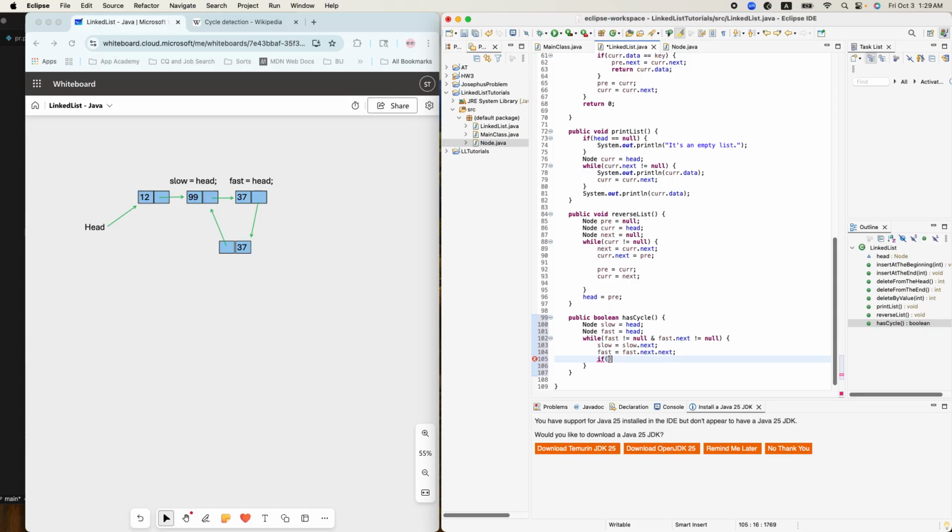So we say if slow is equal to fast, that means there is a cycle. Otherwise, there would not be a meeting between those two pointers, because one of them moves faster and one of them moves slowly. But if they point to one node, that means there is a cycle. So we say return true.